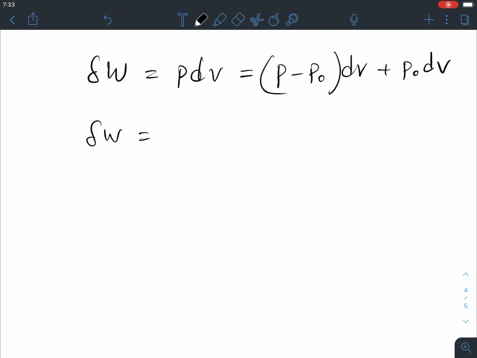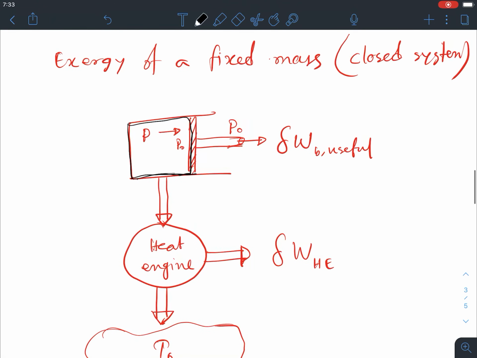Now delta W equals (P minus P naught) dV, which is actually the useful work, plus P naught dV. How?